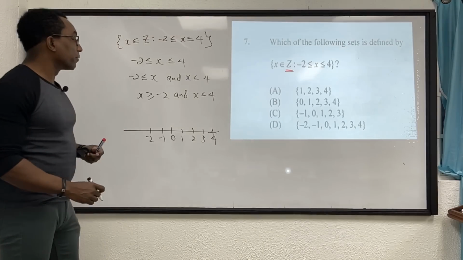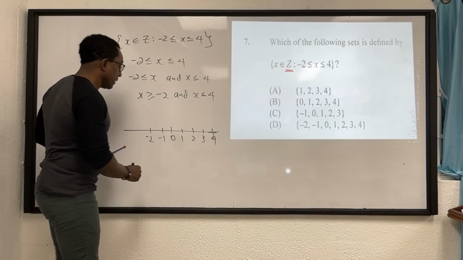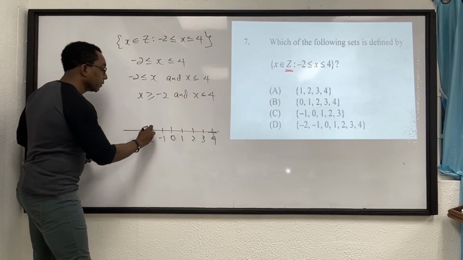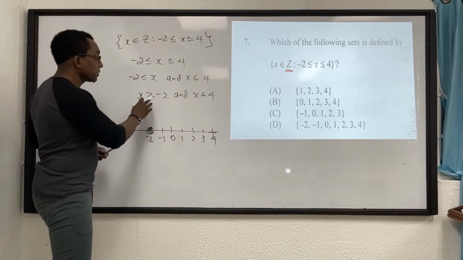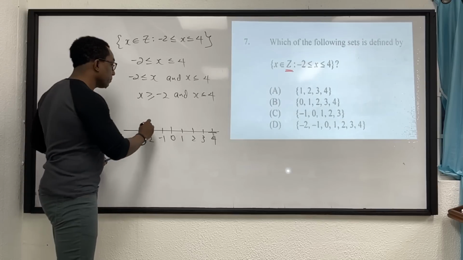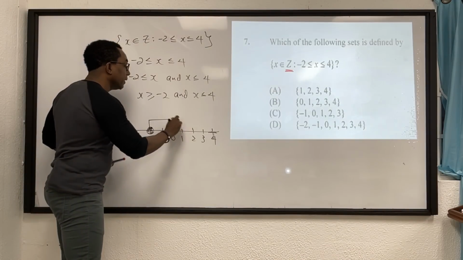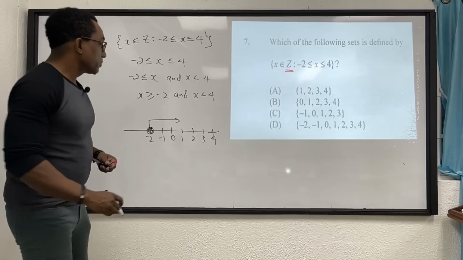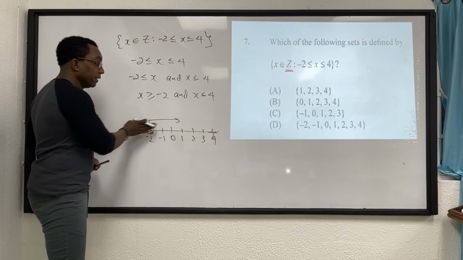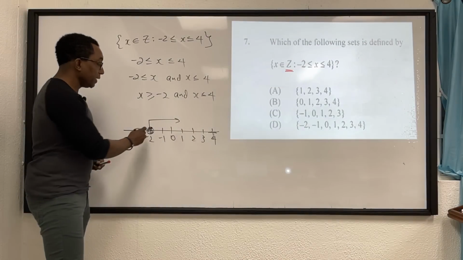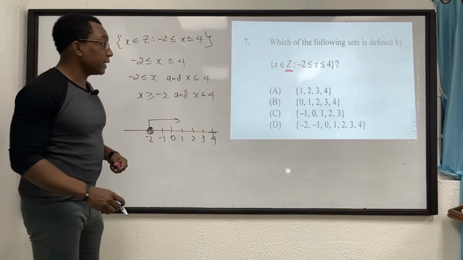So if it's x greater than or equal to negative 2 at negative 2, I have my shaded circle because it is greater than or equal to, it means I'm going to point my arrow to the right, because all numbers to the right of -2 obviously will be greater than, and we shade the circle to indicate equal to -2.